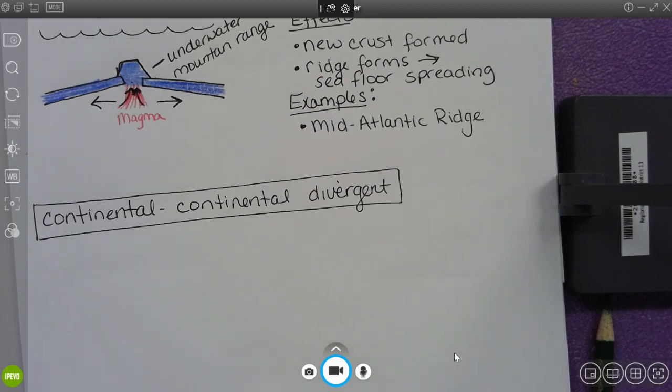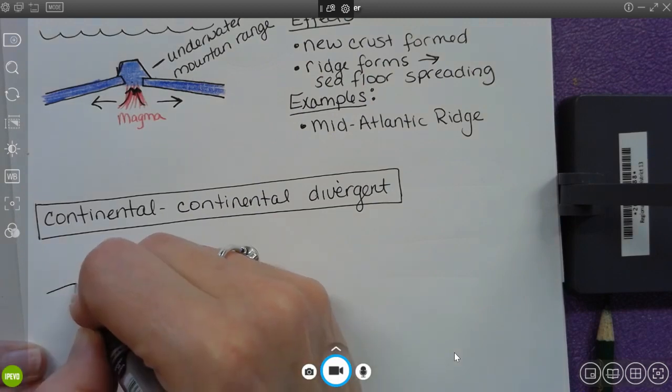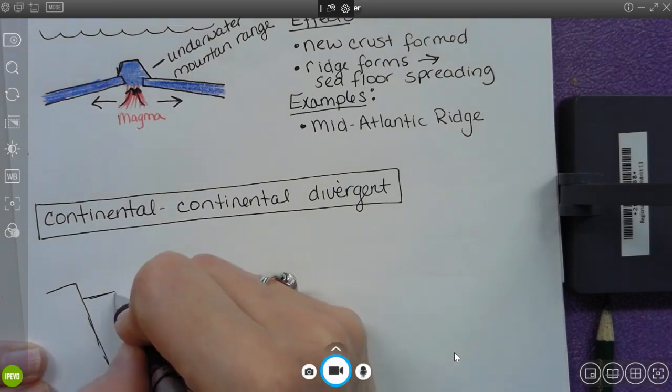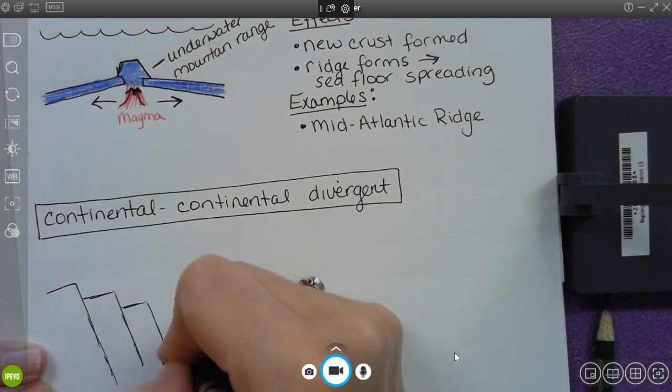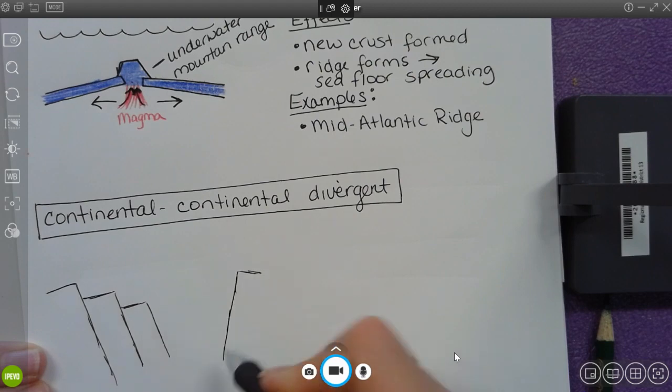Now this is a little tricky to draw. You might just want to kind of watch me first. And sometimes when I do this, it ends up looking really good and sometimes it doesn't. So just kind of bear with me. It's kind of like a backwards slanted 7. And you kind of keep doing that. And then you do the same thing on the other side. It'll make a little more sense once I finish here.